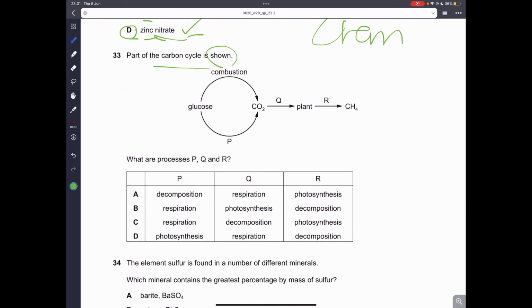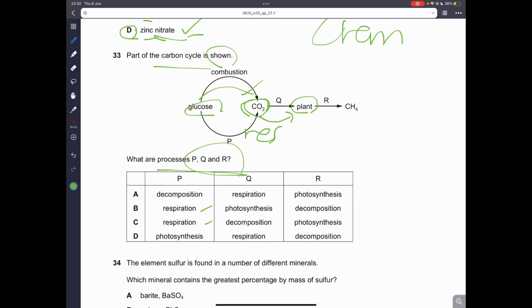33. Part of the carbon cycle is shown, which processes P, Q, and R? So the glucose is being turned into carbon dioxide. And this is due to the reaction of respiration, in which glucose reacts with oxygen to give off carbon dioxide and water vapor. And the carbon dioxide is fed to the plant.